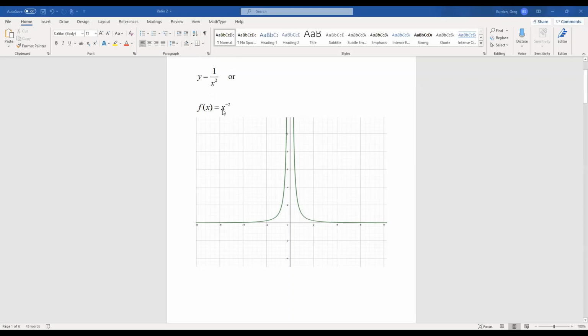In exponential form, it's x to the power of -2. Any power function like that, where you have x raised to an even number, even if it's a negative even number, will give you an even function. And so this has even symmetry as compared to the y equals x to the -1st, or 1 over x, which had odd symmetry. So if you were to fold the graph at the y-axis, the two sides of the graph would coincide.